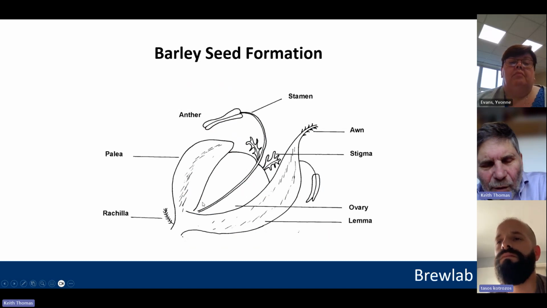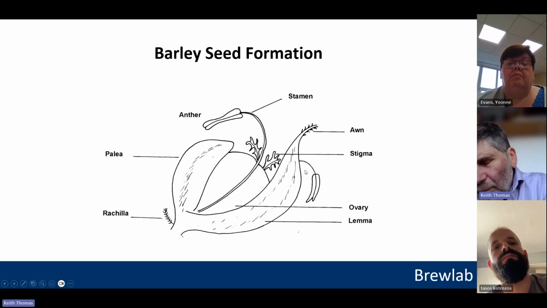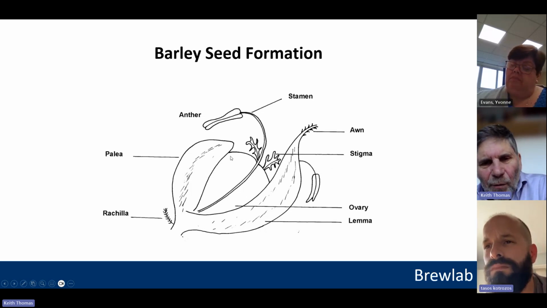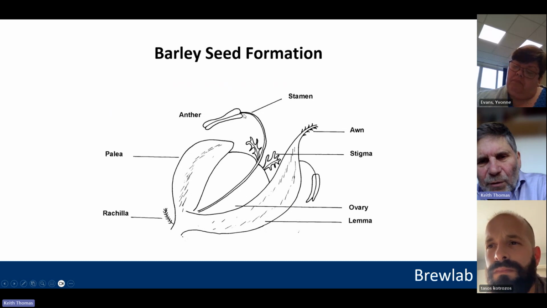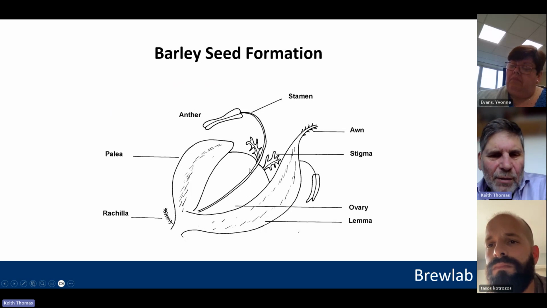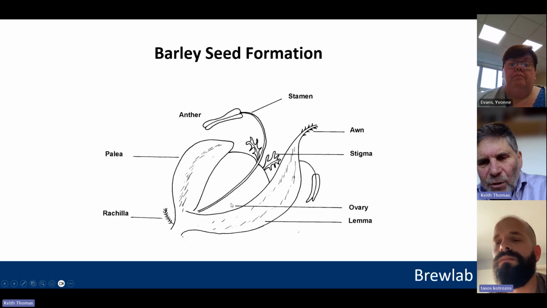If we look in detail at the barley grains, there are other things which the Institute exam questions might like you to know. Like any plant's flowers, there will be anthers producing pollen. There will be stigmas which take the pollen and get pollinated. There are the palea, which are the outside, resistant parts, and inside there's an ovary.